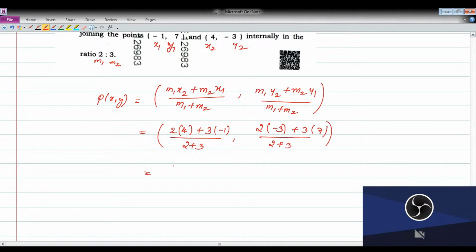So this is equal to 8 minus 3 divided by 5, comma, minus 6 plus 21 divided by 5. This is 5 by 5, comma, 15 by 5. The simplest answer is 1, 3, the point dividing the line joining minus 1, 7 and 4, minus 3 in the ratio 2:3.